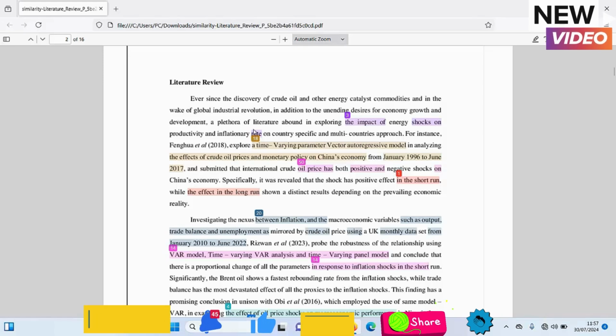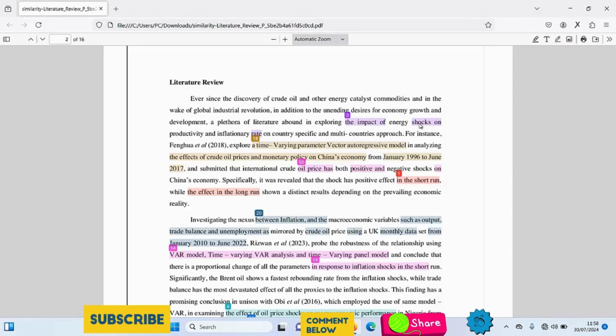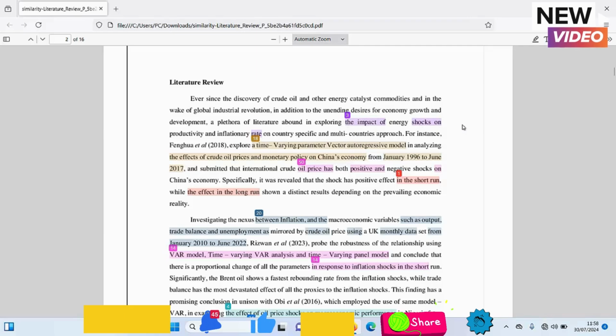You can see now that rates has been excluded. Also, instead of the impact, I use influence. Instead of shocks, I use what? Fluctuations. So once you do that, you will not have issue. By the time you check again, the words will not be highlighted.